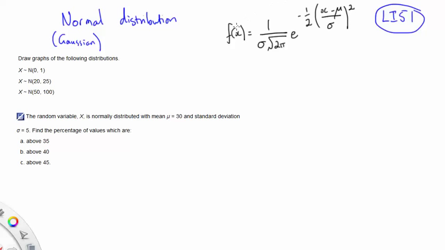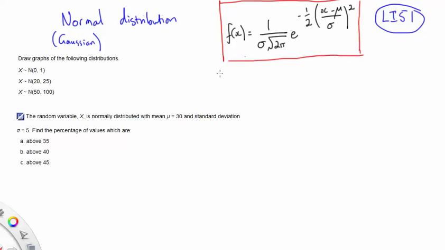This is a probability density function that gives us the normal distribution. This thing here. You'll probably never have to write this equation again.